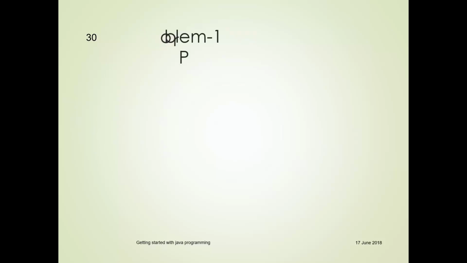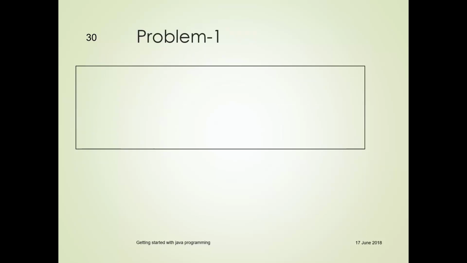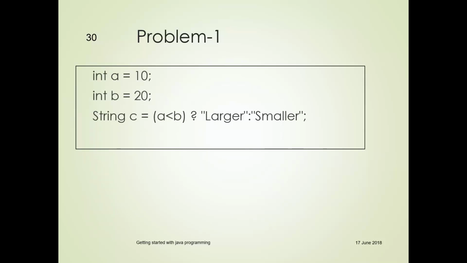Now let's do some exercise before concluding the session. I have a variable a equal to 10, b is 20, and I am using this ternary operator. Now this is called a ternary operator. What is this ternary operator? It has three sections. Let me show you.